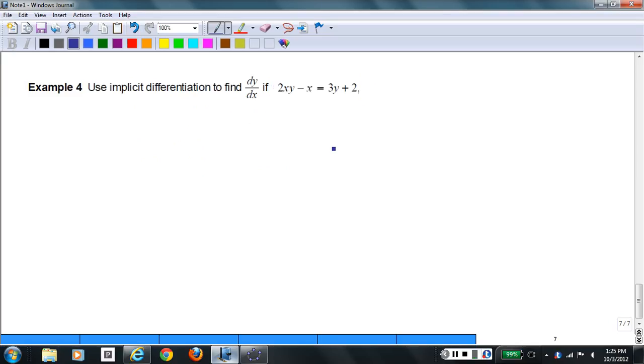There, so a little bit of editing. Let's do this. 2xy minus x equals 3y plus 2. This should be actually a little bit nicer example. But let's see what we get.